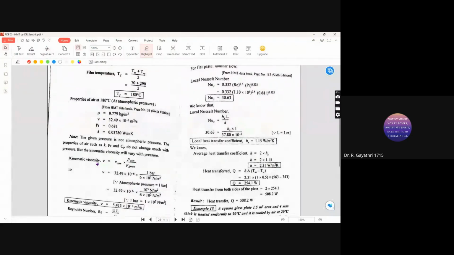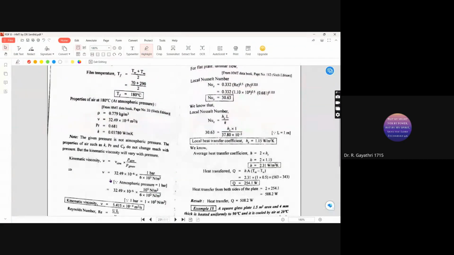So P nu at 6 kilonewton per meter square is equal to P nu at 1 atmospheric pressure. 1 bar atmospheric pressure is 10 power 5 Newton per meter square.